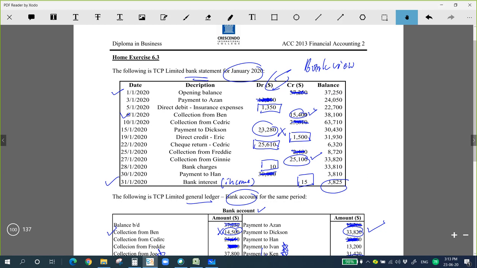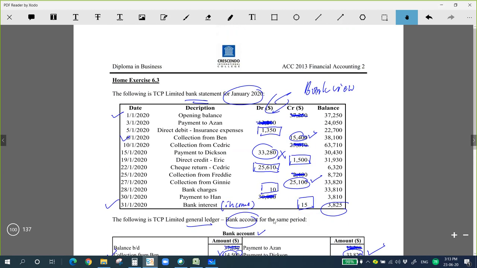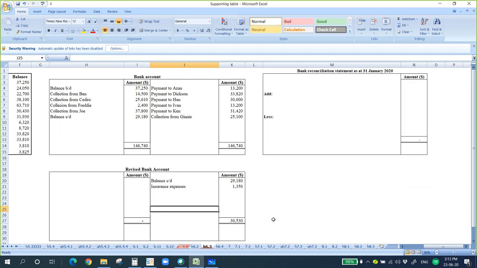It means that we received the money from Eric. This shows in the bank statement but does not appear in the bank account. So in the ledger, we will show collection from Eric 1,005. This should be b/d, sorry, typo.